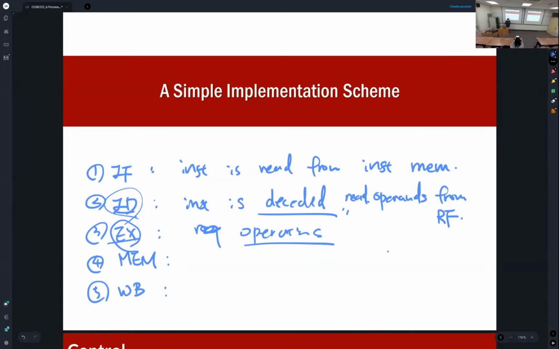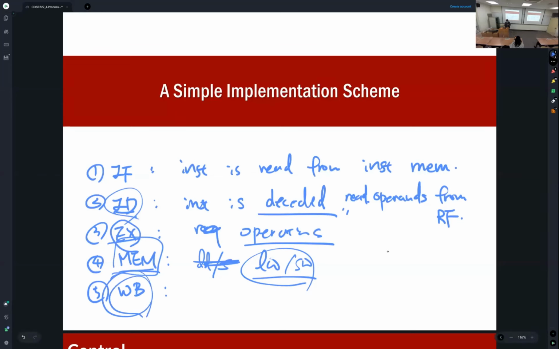Okay, for each instruction, and then during the memory step, I also explained that some instructions, such as the load and store instructions, are required to access data memory. So the memory step is required for load and store instructions, load word or store word instructions, which means that the data memory is accessed by a processor.